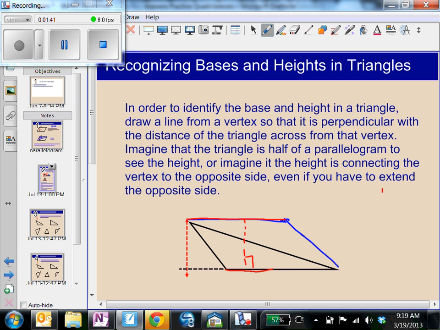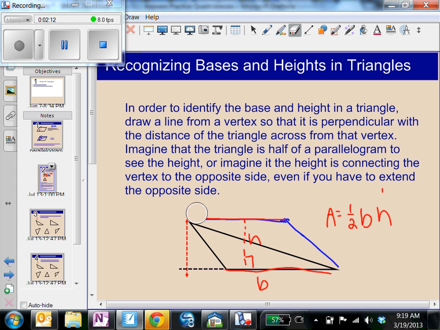Here at the bottom we'd have a base. So it looks something like that. Okay? So we'd look at the length of this base down here, and then we'd look at this height, and that would be the base times the height for our parallelogram. Our triangle is half of that, so we're going to be looking at the length of that base times the length of that height, and multiplying that times 0.5 on our calculator.